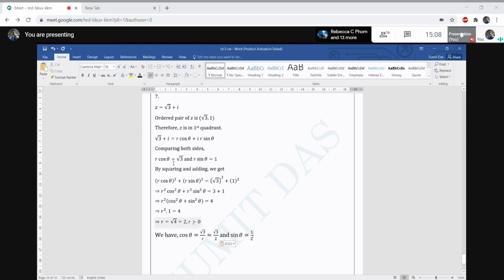So we already have that z is in the first quadrant, that means theta will be in the first quadrant. What value of theta gives cos theta root 3 by 2, and what value gives 1 by 2?